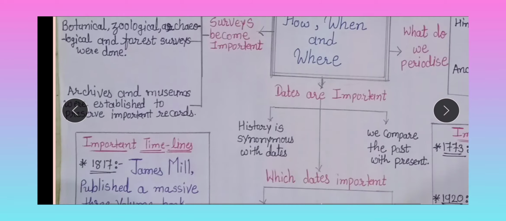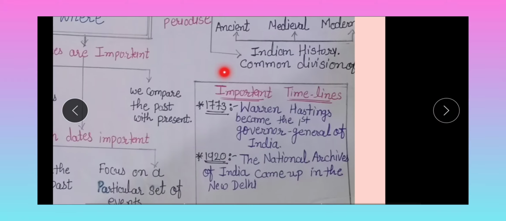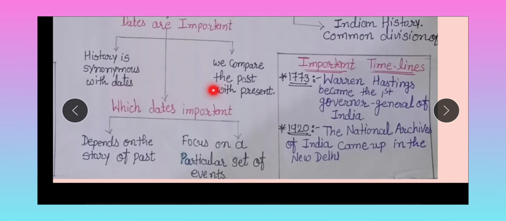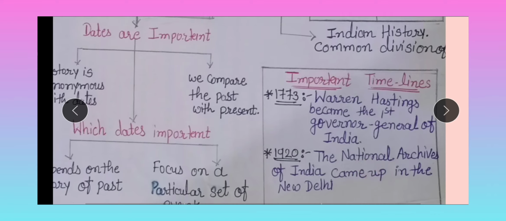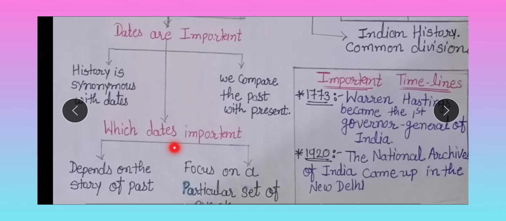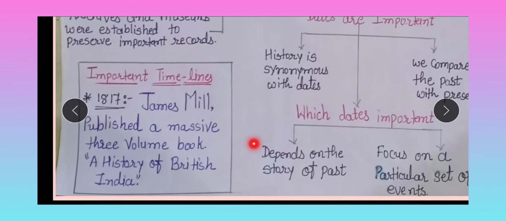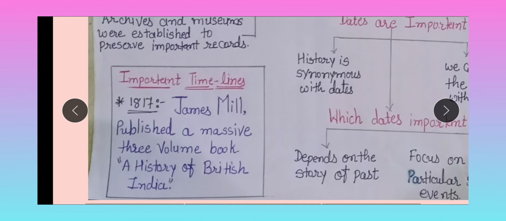Okay, now we will remember the important dates, the common timeline that comes in this chapter. First, in 1773 Warren Hastings became the first Governor General of India. Second, in the 1920s the National Archives of India came up in New Delhi.